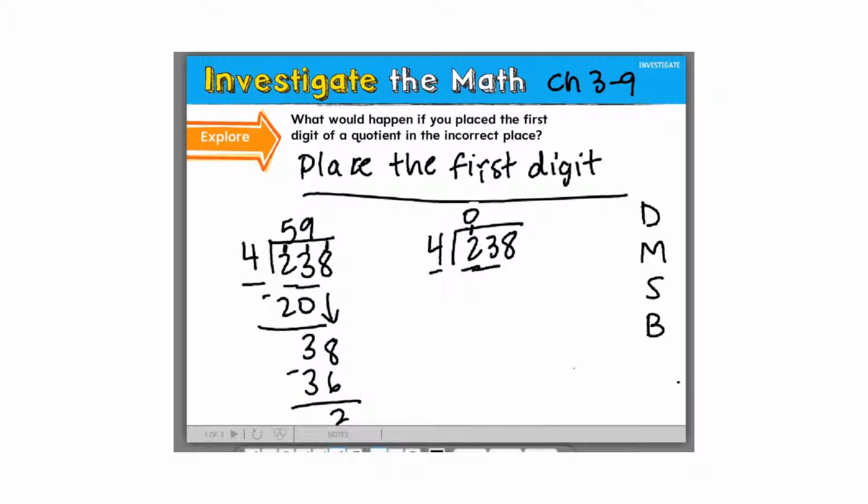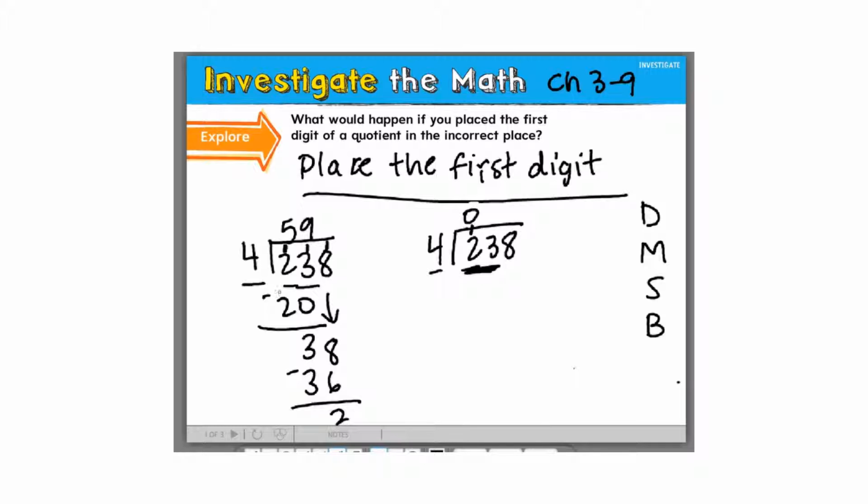If you have 200 blocks, think of what 200 blocks looks like. And I have 4 circles that I'm trying to divide it up amongst. If I only have 200 blocks, but I have 4 circles, don't I have to break the hundreds up into tens? Remember when we did that and we broke the hundreds into tens and then we could move them around? So that's why now we're doing 4 divided into 23.